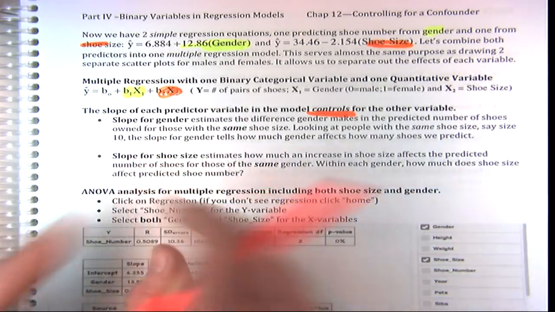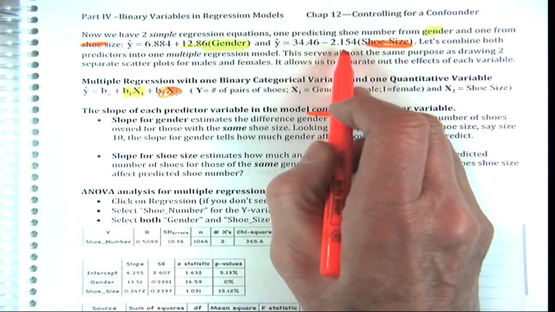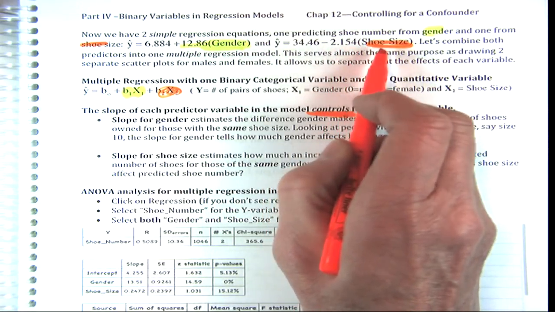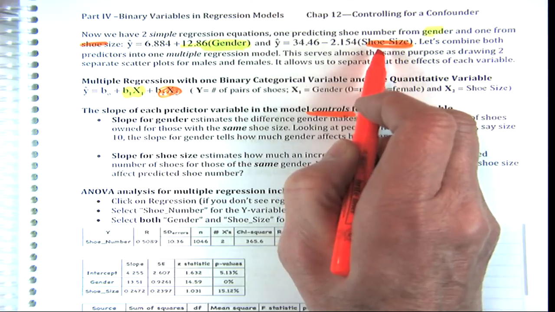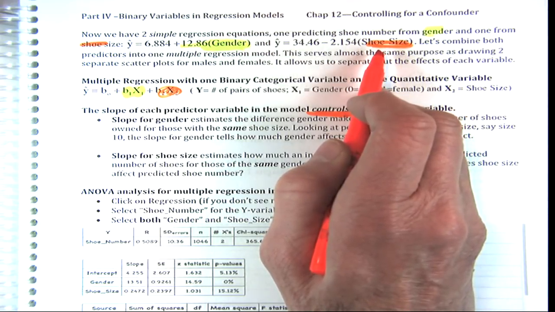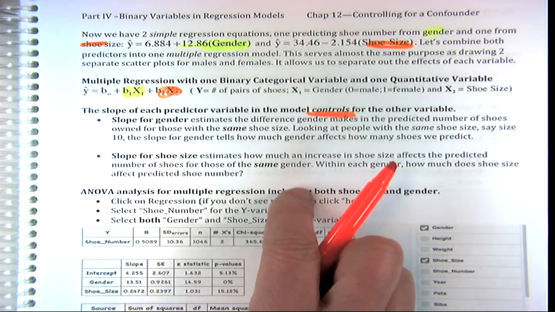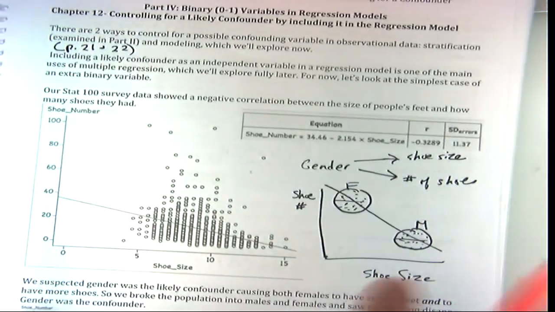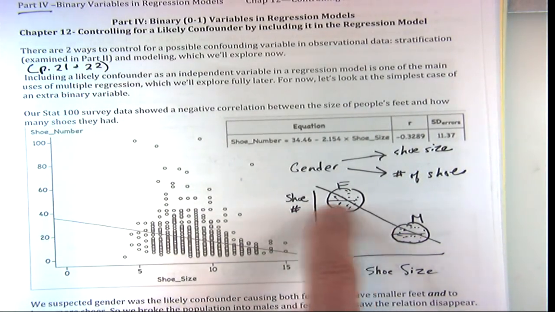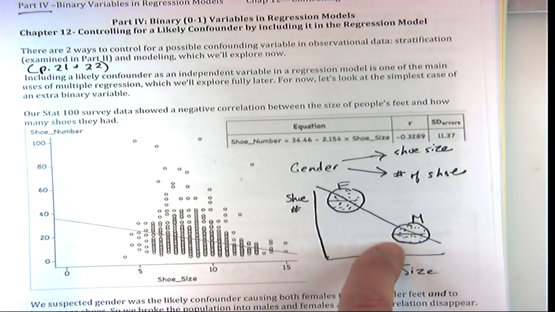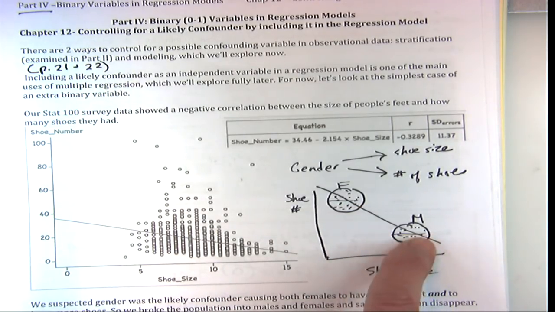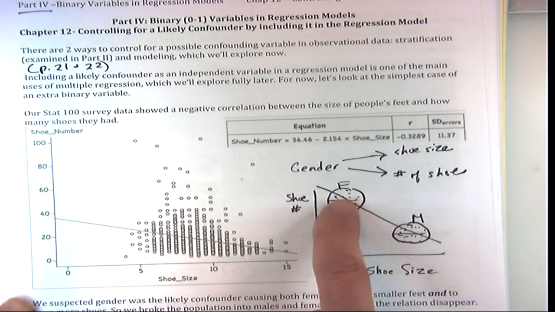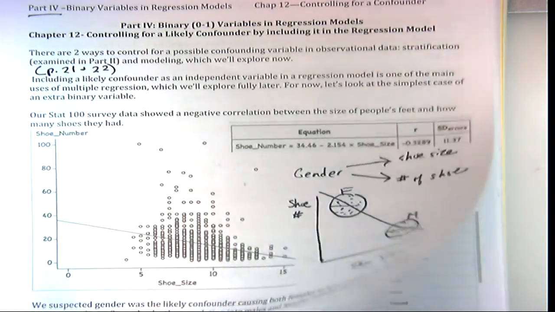So this slope that we had that was quite large, of negative 2.154, once we control for gender, once we say, look, you're comparing people of the same gender, look at the females. Just looking at the females, how much does shoe size make a difference? And just looking at the males, how much does shoe size make a difference? And it's negligible. There's a tiny little effect. So we should see a tiny little slope that's probably not going to be significant.